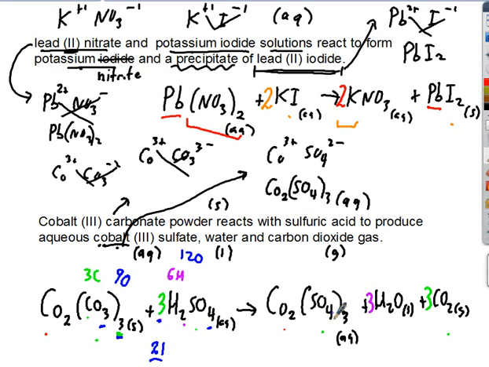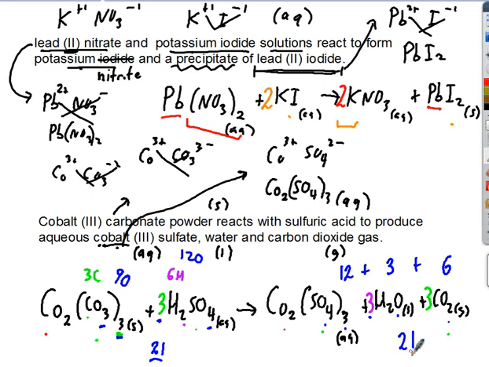We've currently got 4 in the sulfate, but there are 3 sulfates, so that gives me 12 oxygens in the cobalt-3 sulfate. I've got 1 oxygen in the water molecule, but I've got 3 water molecules, which gives me a total of 3 oxygens in the water. There are 2 oxygens in every carbon dioxide, but I've got 3 carbon dioxides, which gives me 6 oxygens in the carbon dioxide. So in total, 12 plus 3 plus 6 is 9 plus 12, which gives me 21 oxygens.